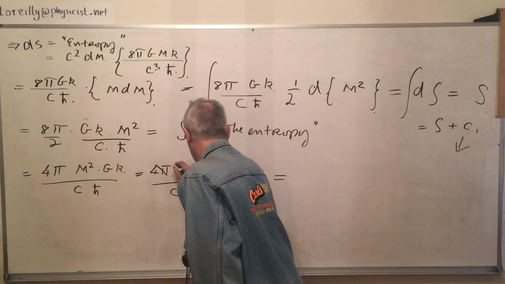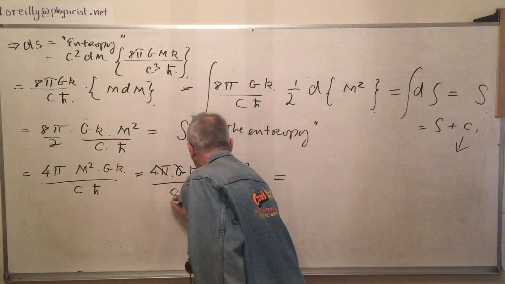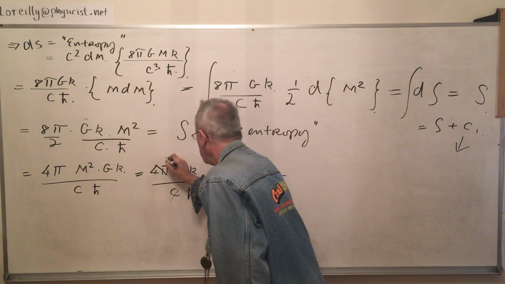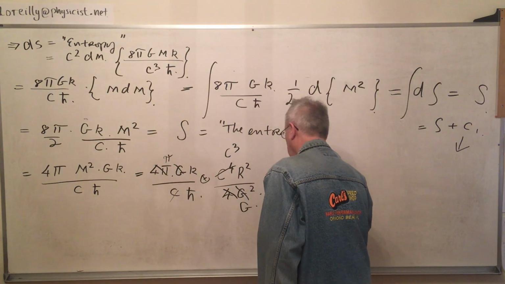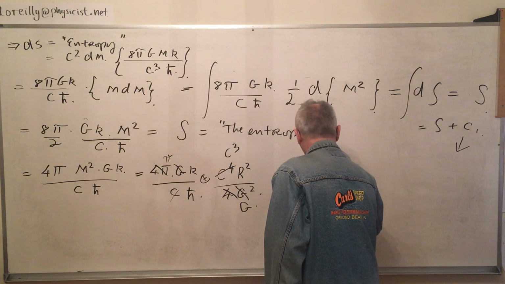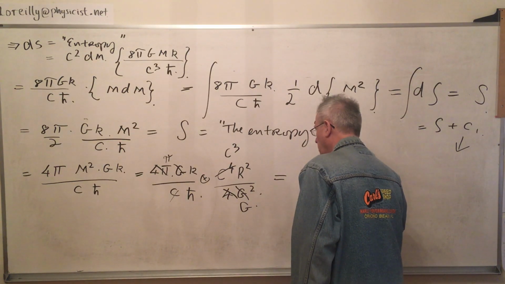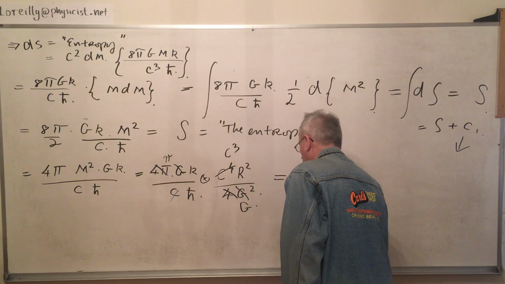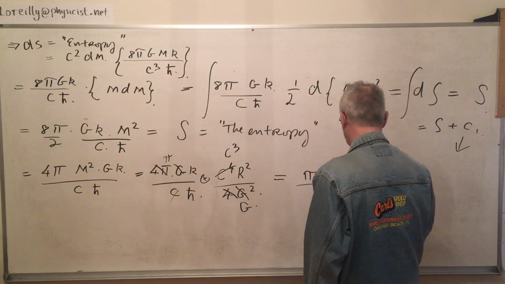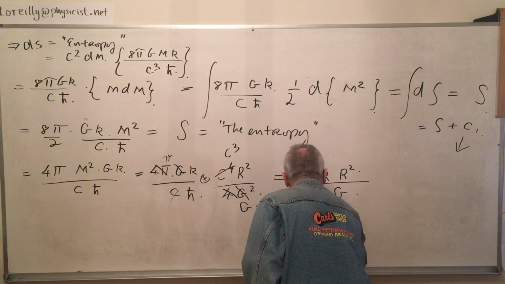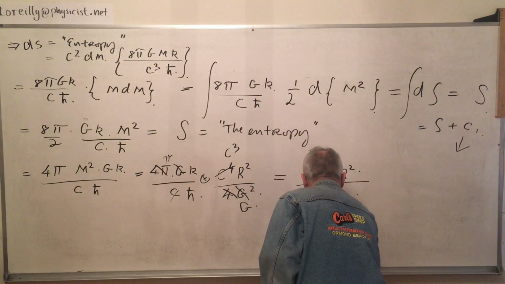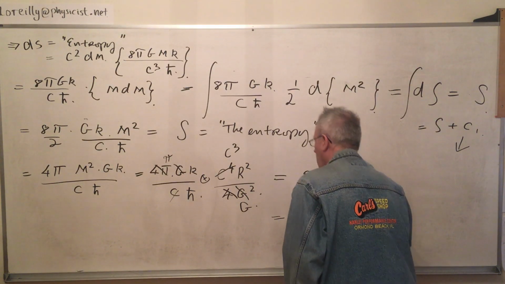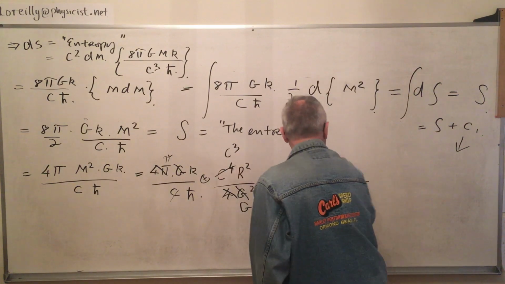4 cancels, G cancels, c cancels. Pi is not gone, the pi is still there. c cubed.